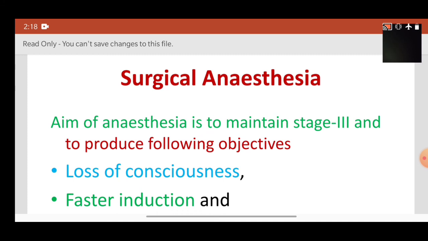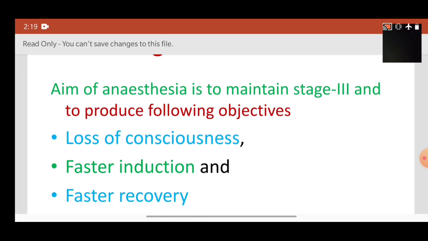These are the pre-anesthetic medications. In starting, we studied that stages of anesthesia has been divided into three categories. Number one was the pre-anesthetic stage, and number two is the surgical anesthetic stage. This surgical anesthetic stage is similar as we studied in previous class, that was the stage 3 general anesthetics.